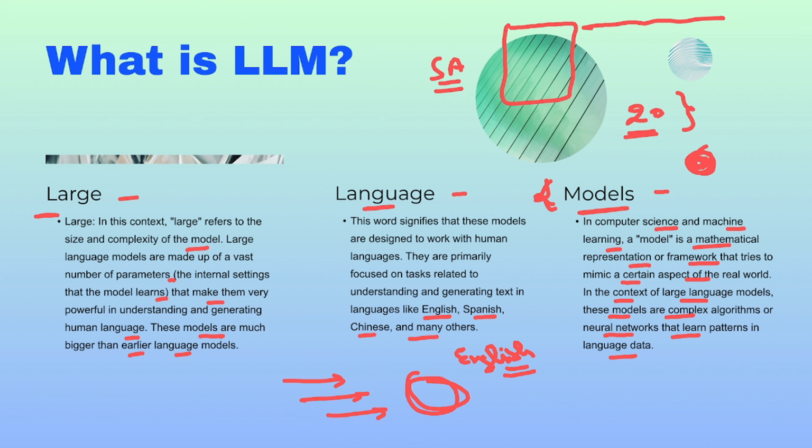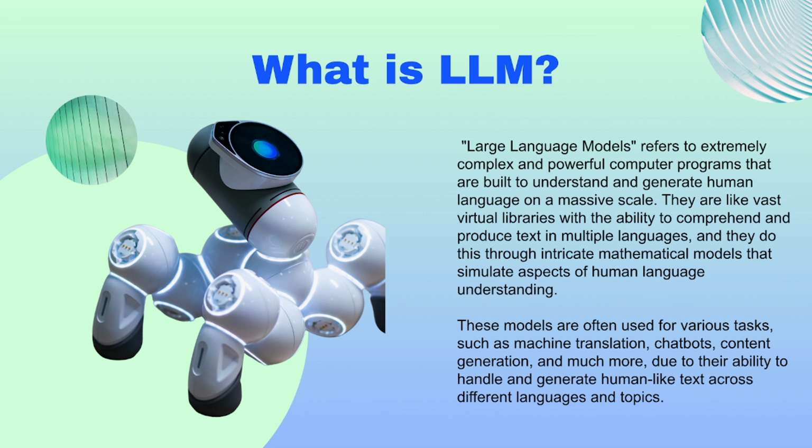Language is simple: think of a language model as a computer program that can read and write in multiple languages like Chinese, English, Spanish, and a lot of others. And model, as I said, is like a virtual brain made up of interconnected neurons. Large language models have billions of these virtual neurons, allowing them to process and understand text like a sophisticated brain. It's not a human brain, but it's kind of a virtual brain. Let's combine all these things.